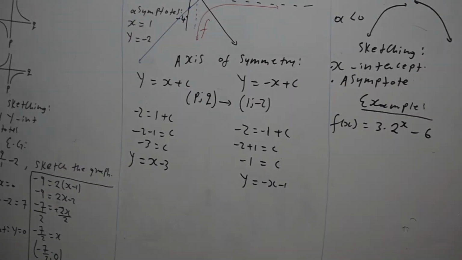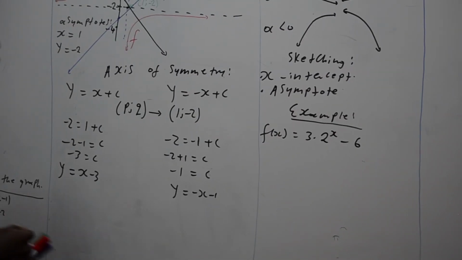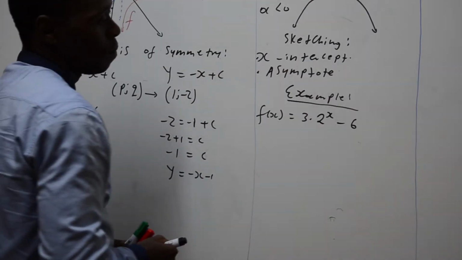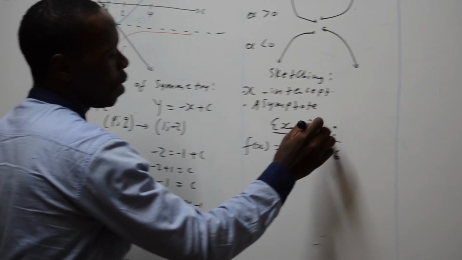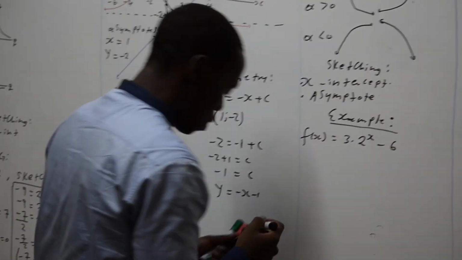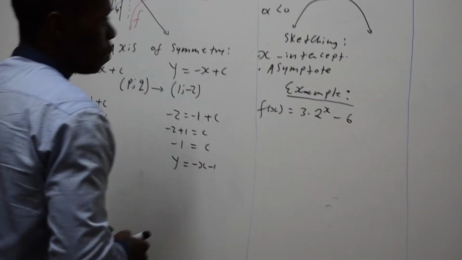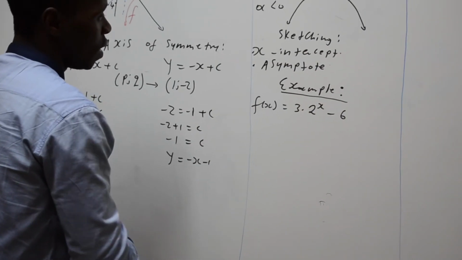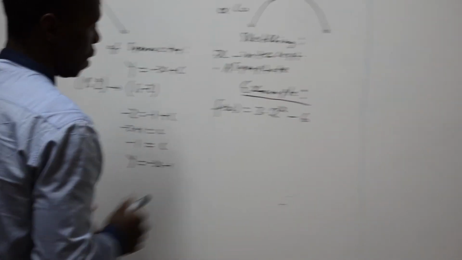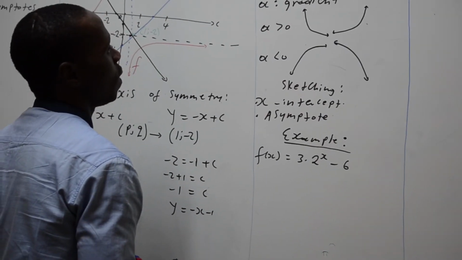They give you that graph. I'm not interested in the shape because I don't want you to be confused. I will not give you a lot of analysis because the focus here is sketching in this case.